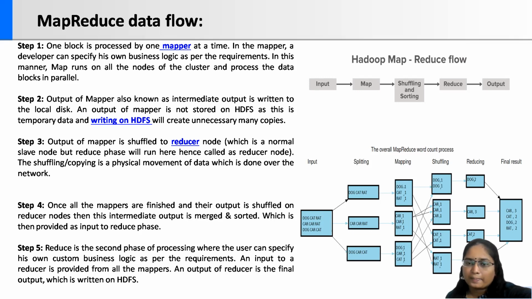Sorry, cat. Now splitting: we can think of this as a huge volume of data, so it is split into three parts. The first is dog, cat, rat. The second, car, rat, will be in the second node. And the third is dog, car, and cat.